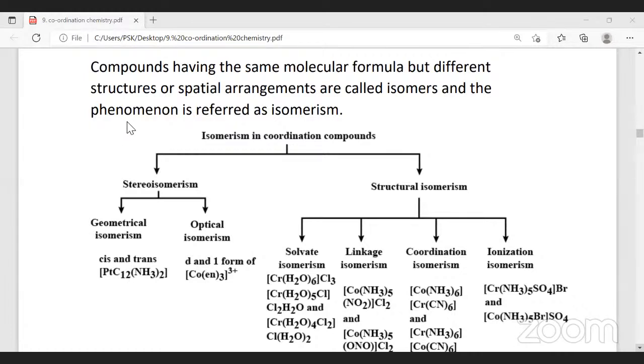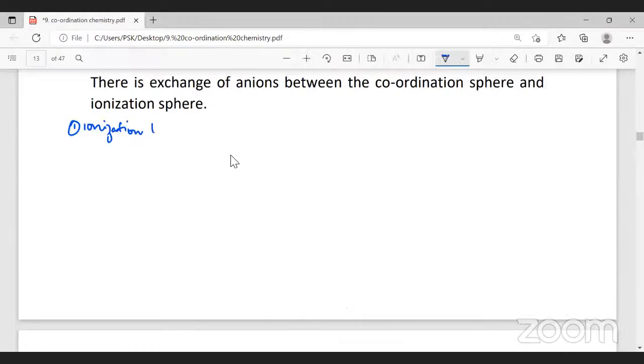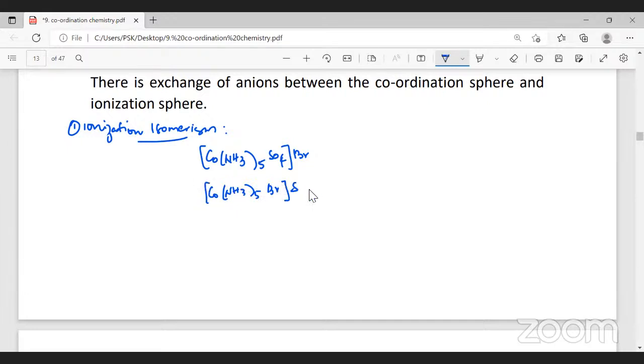What is this ionization isomerism? We took an example yesterday. [Co(NH3)5SO4]Br and we also took one more compound, [Co(NH3)5Br]SO4.